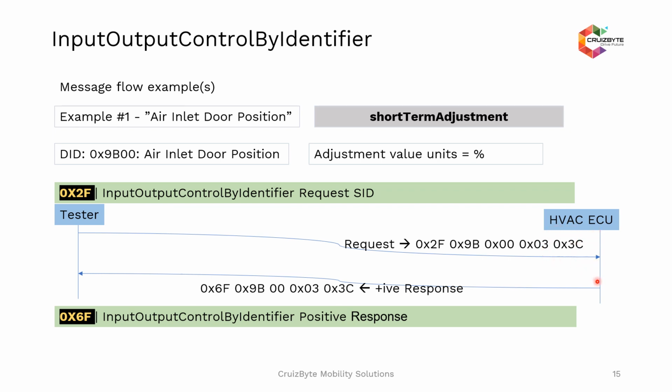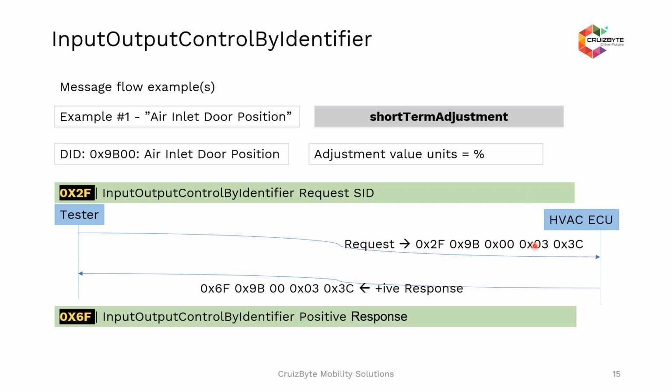And the HVAC ECU responds with a positive response, where 2F has become 6F, that is a positive response, and the DID value is the next bytes, followed by the short term adjustment parameter 0x03, which we asked for.